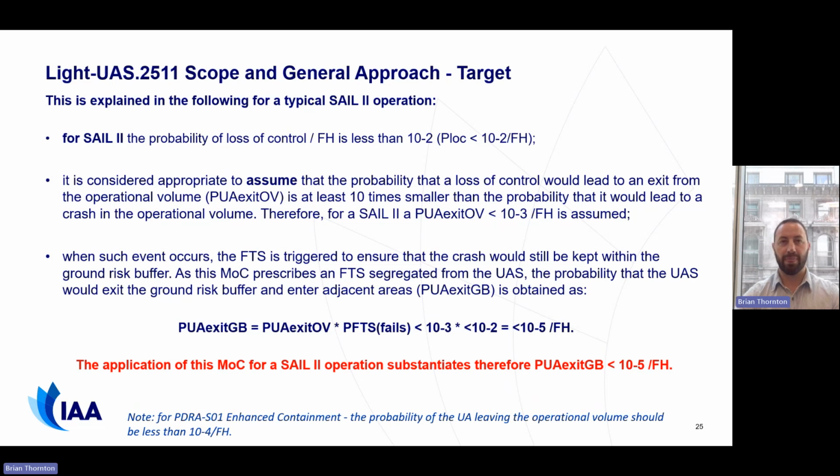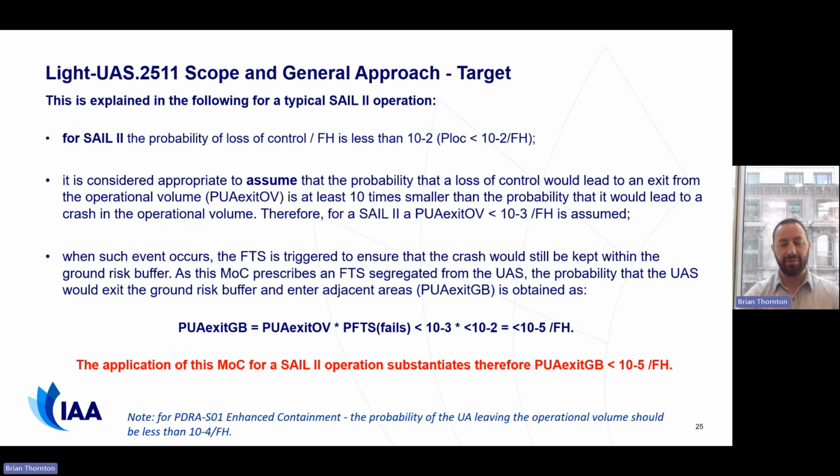Essentially what that means is that by using an FTS integrated into your UA in a defined operational volume, when the FTS is integrated into your UA but is independently separated from the architecture, so there's an independent means to terminate, the loss of control outside of the operational volume is once every 100,000 flight hours.